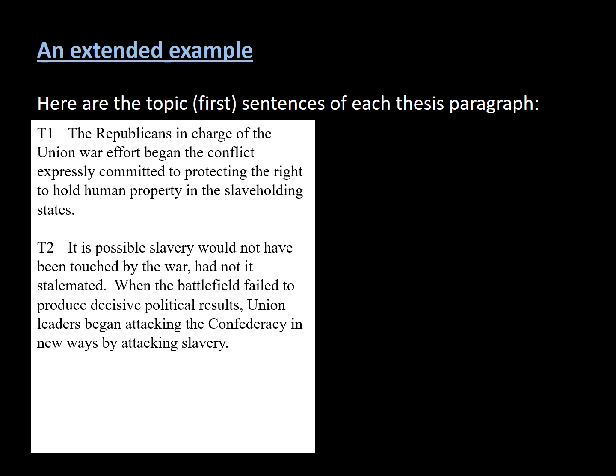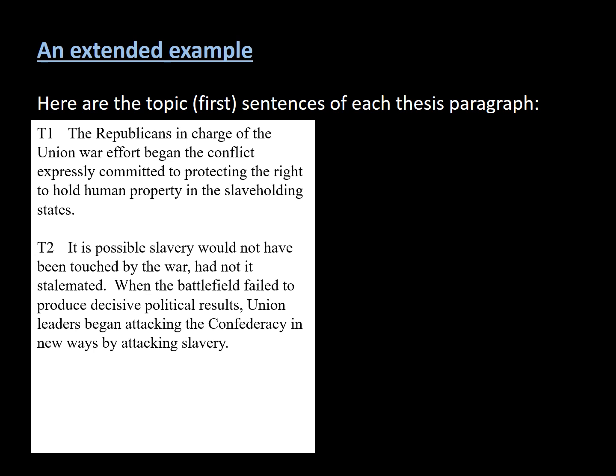And for a lot of reasons we don't need to go into here, it was almost impossible for a victory on the battlefield to turn into a political victory, right? In the age of Napoleon, just 50 years earlier, you could fight one battle and take over an entire country. That was impossible during the Civil War.